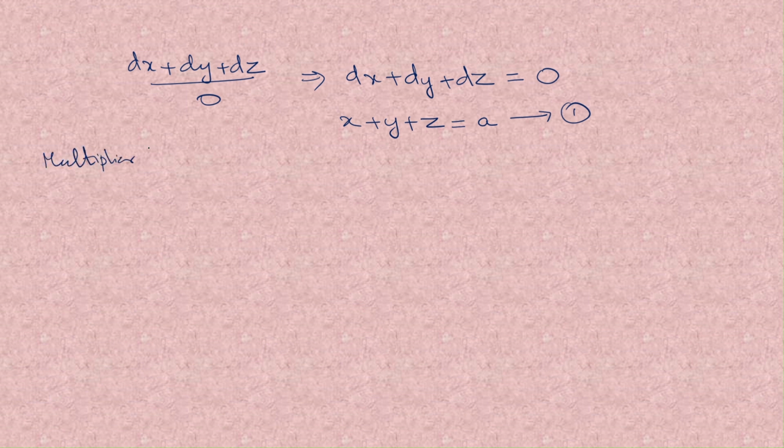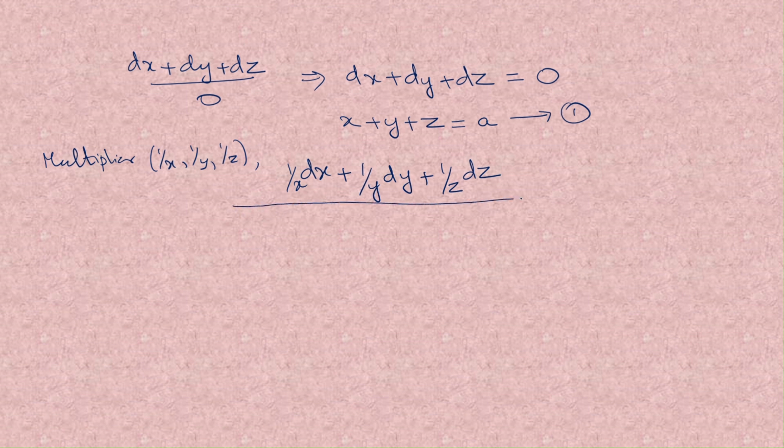To find another solution, we take the multipliers as 1 by x, 1 by y and 1 by z. We multiply 1 by x to the first ratio and add it, similarly 1 by y to the second ratio, and 1 by z to the third ratio.